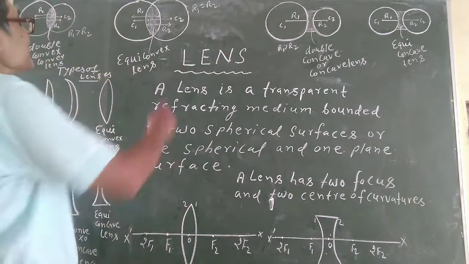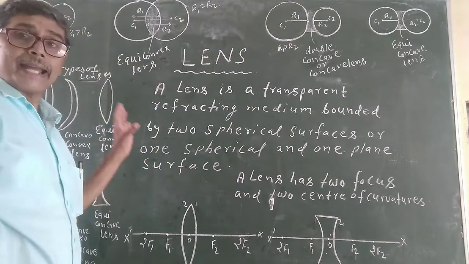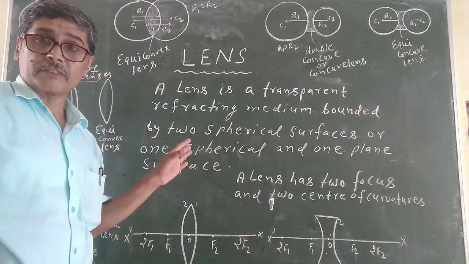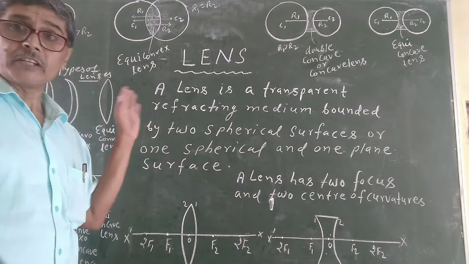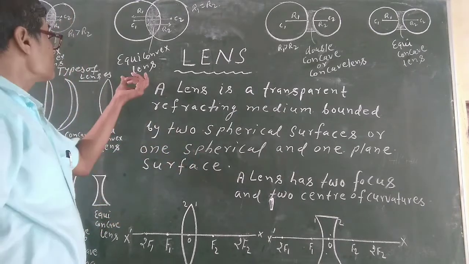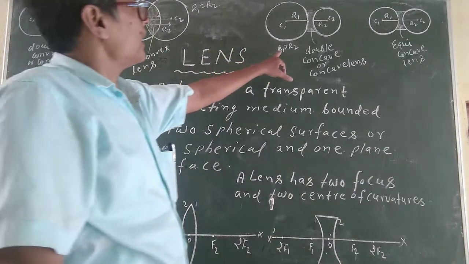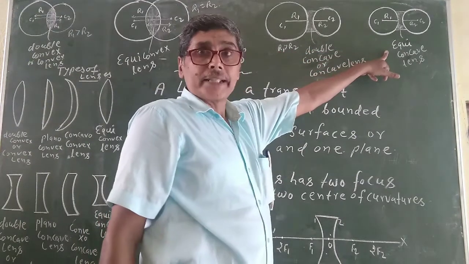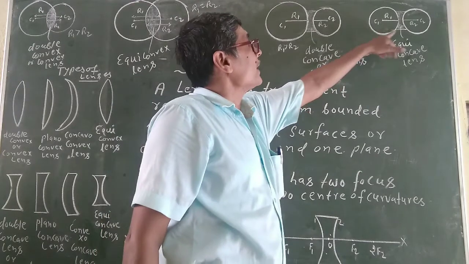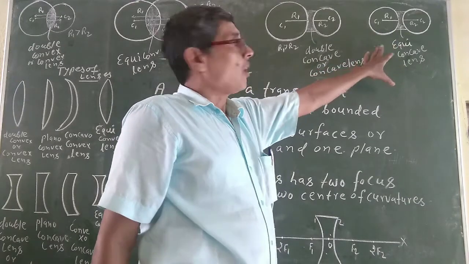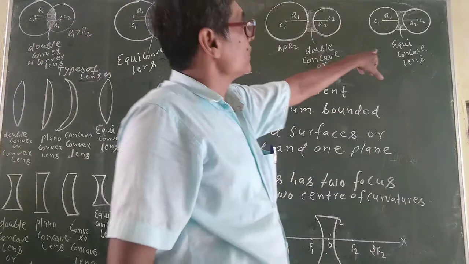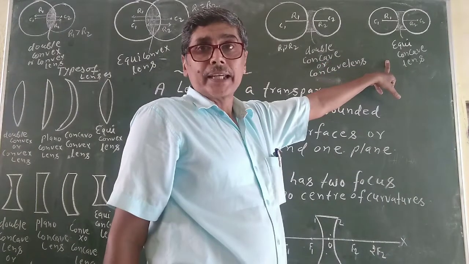So a lens formed by two spherical surfaces having equal radii of curvature is known as an equiconvex lens. In the case of the concave lens, when R1 and R2 are both equal, it is known as the equiconcave lens.